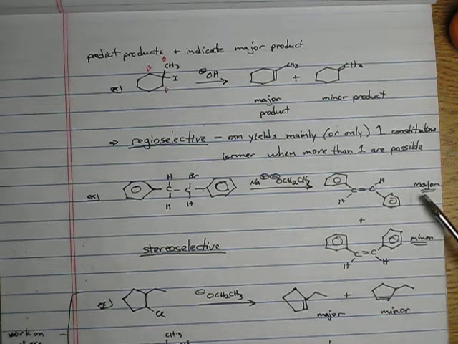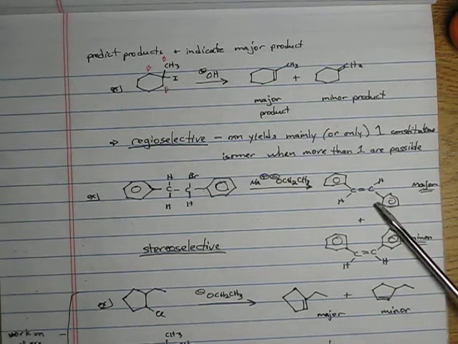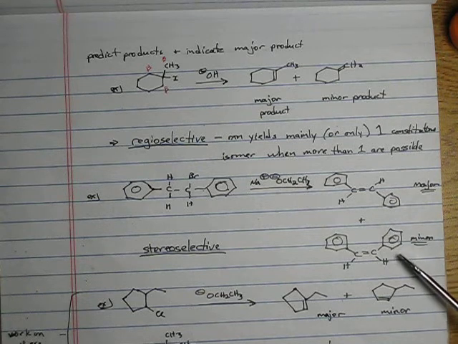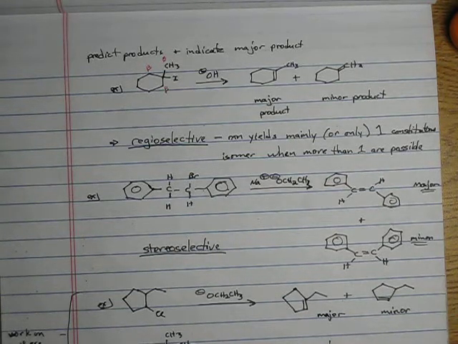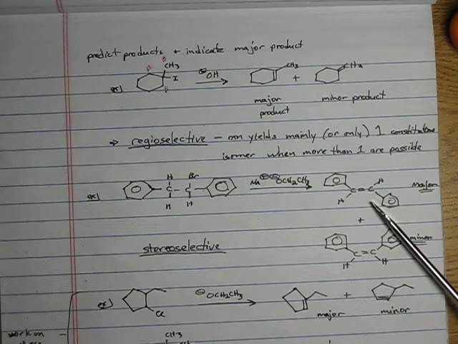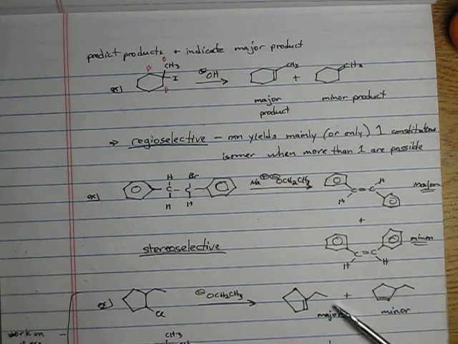Zaitsev tells us that the major product will be the trans product because it is more stable than the cis product. Because we know that, we can say this reaction is also stereoselective, because we've got the trans stereoisomer in greater abundance than the cis stereoisomer.